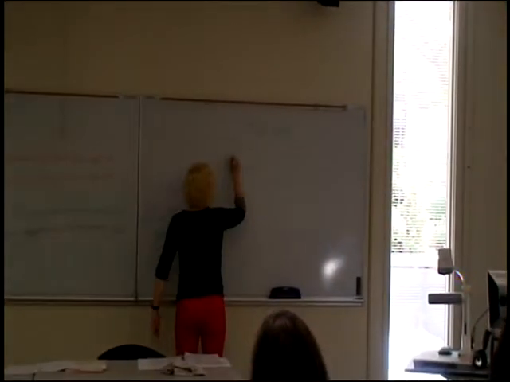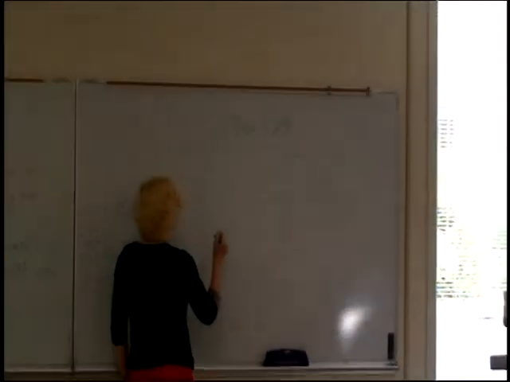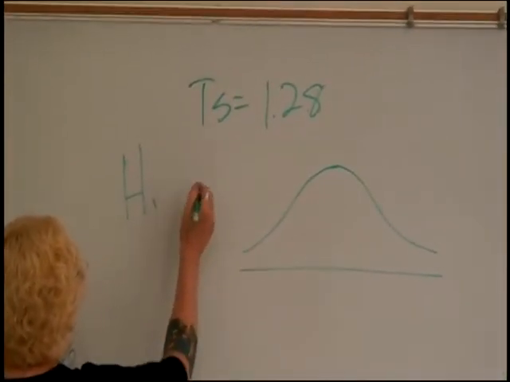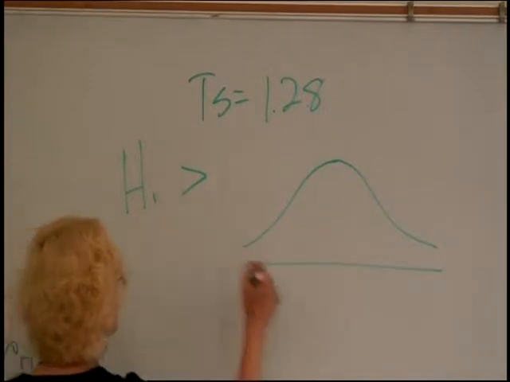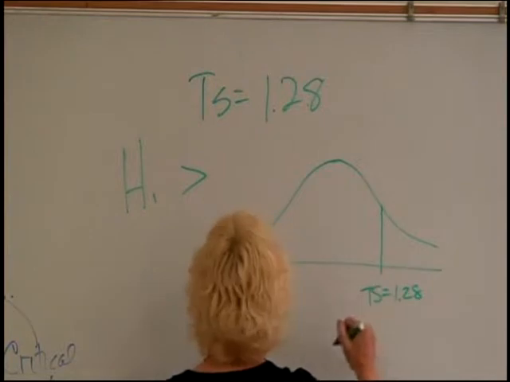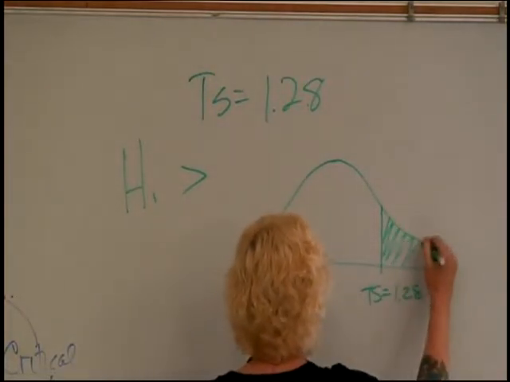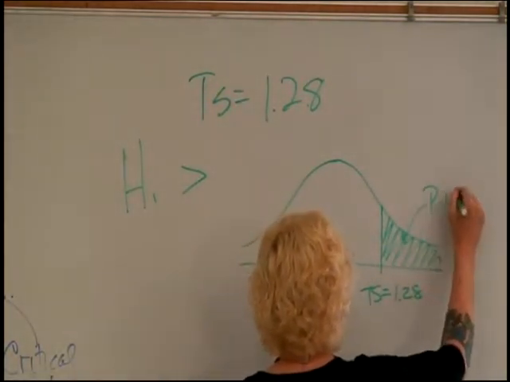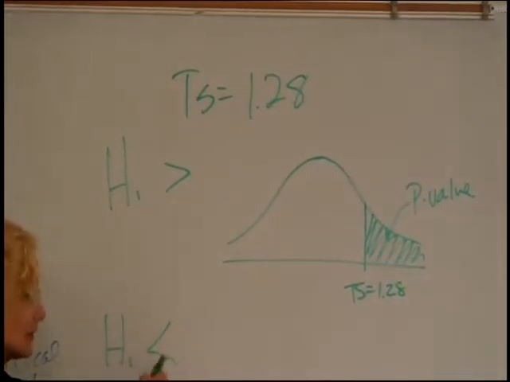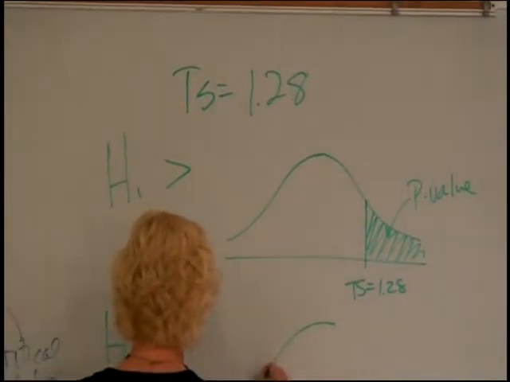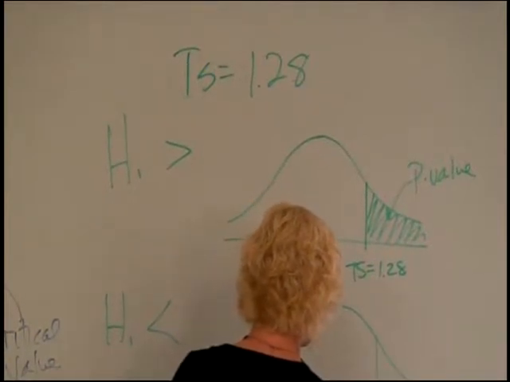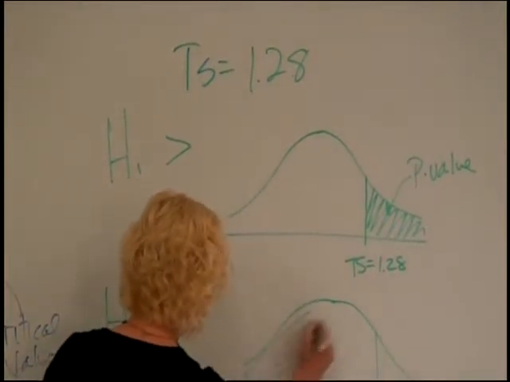Now in your H1, if you have a right tail test, say 1.28 is like here. For a right tail test, here's your p-value. If in H1 you put a left tail test, here's your p-value.